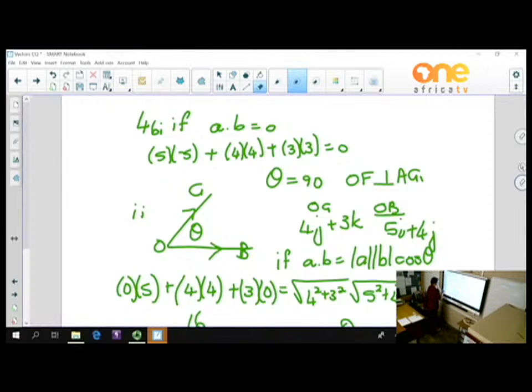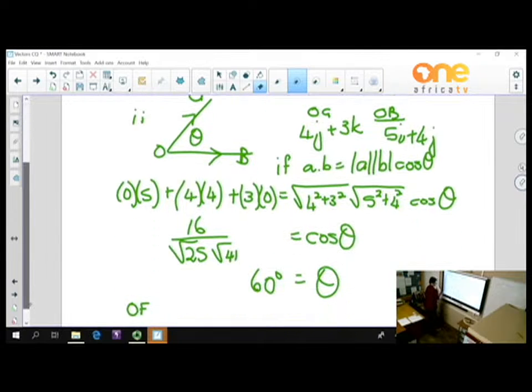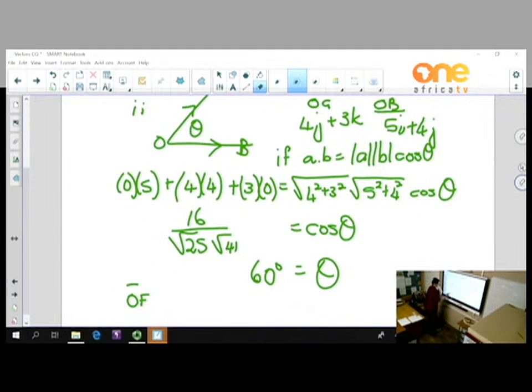So this is now here. OF, the midpoint, so a half of 5 is then 2.5i, and the half of 4 is 2j, and the half of 3 is 1.5k. So that is the midpoint of that one.